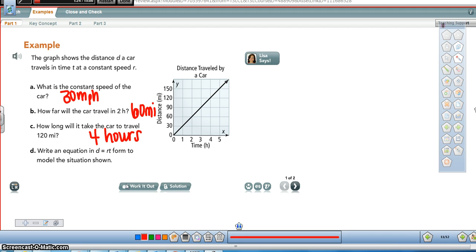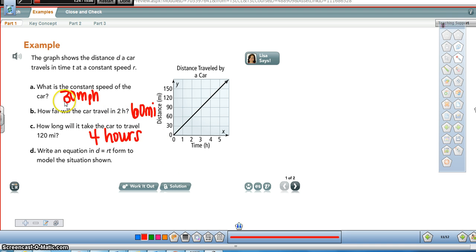Write an equation in the form d equals r times t to model the situation shown. We know that the distance always equals the rate times the time. I think that's probably even something you've talked about in science class. So the distance is always changing. That's a variable. The rate, we know that.